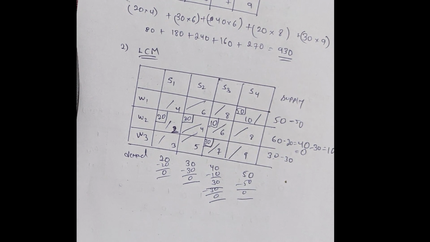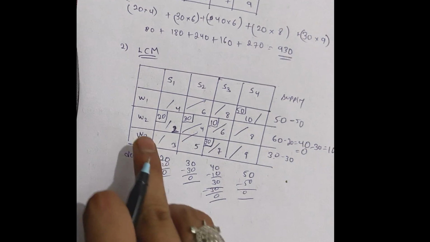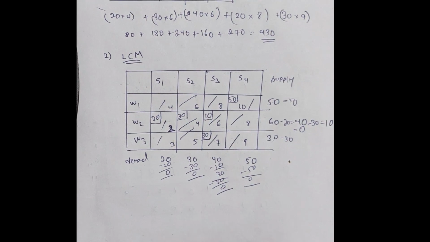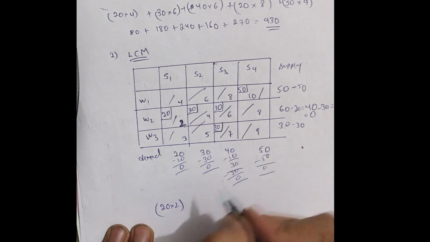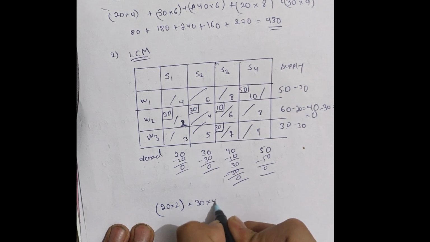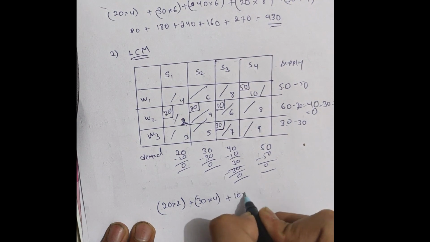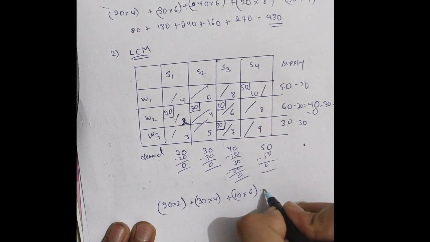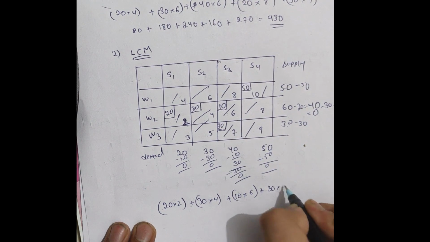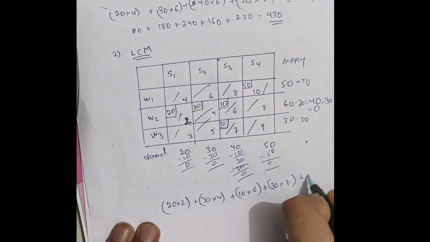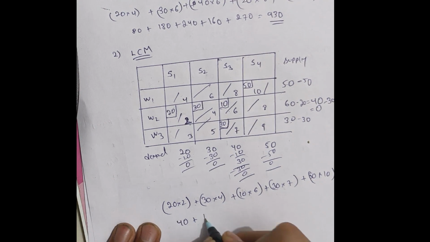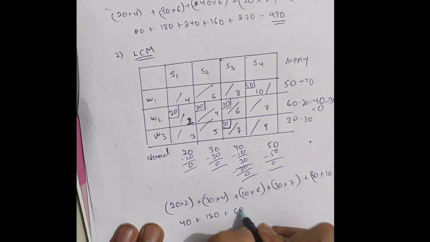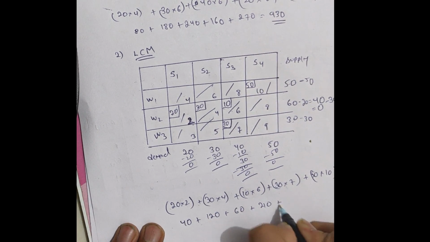So check what are the values in the sub boxes. Here it is 20, right? 20 into 2 plus 30 into 4 plus 10 into 6 plus 30 into 7 plus 50 into 10. Okay, 40, 120, 60, 210 plus 500.